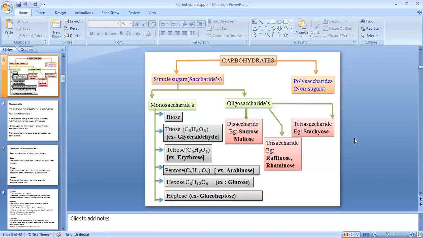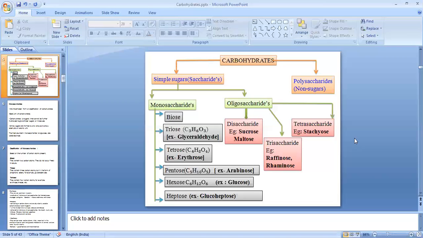Oligosaccharides comprise the carbohydrate class which contains more than 2 monosaccharide units. It may include the disaccharides, that is the lower polysaccharides, up to 4 saccharide units.